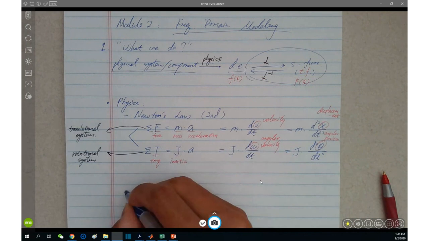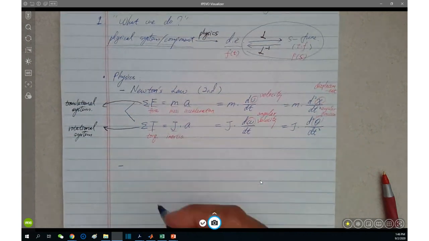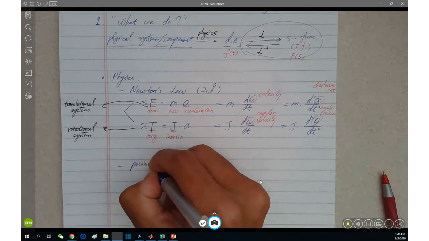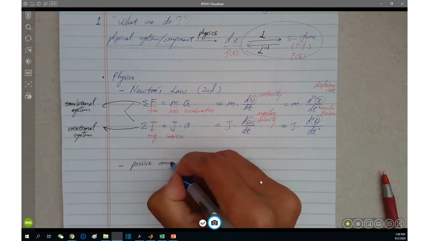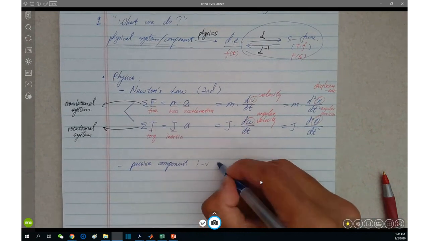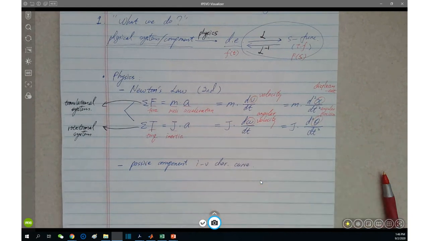The next one, let's review more physics. The second one, let's talk about the passive component, and the IV characteristic curve. By the way, what does it mean by passive electric component?